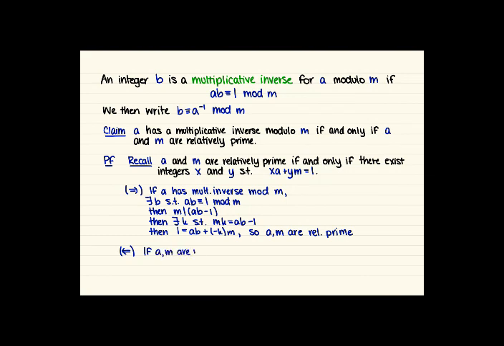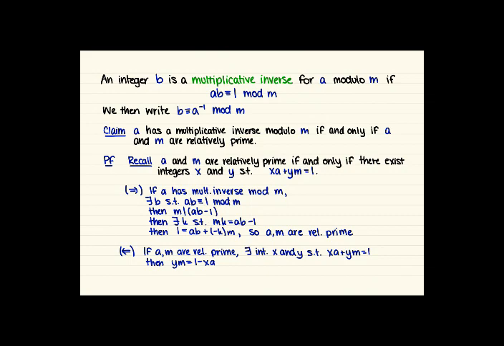All right, that said, in the reverse direction, we're going to have that a and m are relatively prime. By that fact, again, there exist integers x and y such that xa plus ym equals 1. So then we can solve for ym, and ym equals 1 minus xa.